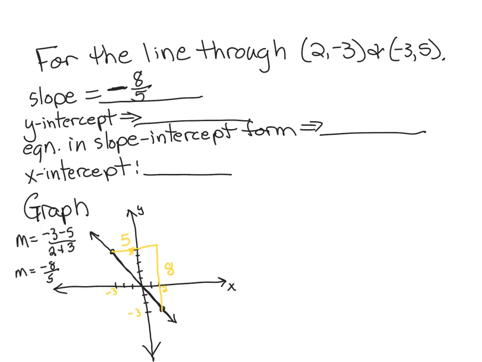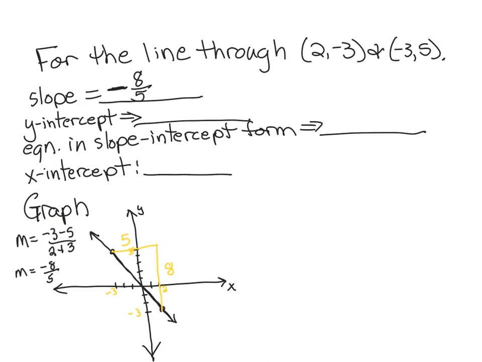And if you switch those points around and you start with this point, you're going to get the negative on the bottom and a positive on the top. Same answer. All right, like we did before, we have a slope and we have 2 points, so we can use the point slope form, right? And I recommend that you do that, but I do want to show you something really quickly.